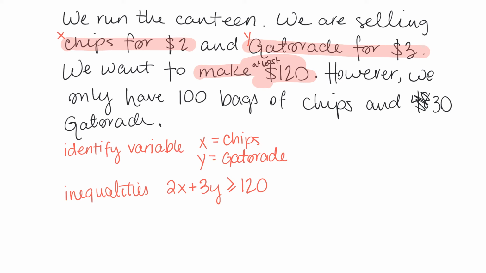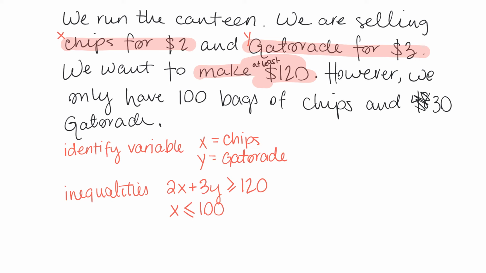Okay, so this is a good start, but there's actually more sentence to read, and we need to keep reading. However, we only have 100 bags of chips and 30 Gatorade. So this is one sentence, but what's it really saying? Your chips are your X, and you only have 100. So however many bags of chips you sell needs to be less than 100. Can you sell 100? Yes, so less than or equal to.